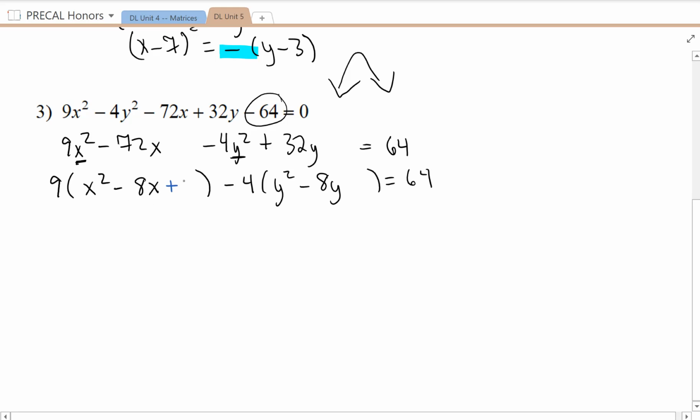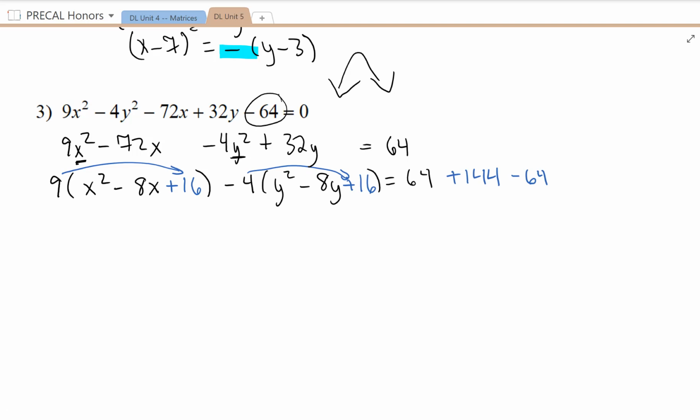I know this is just 8 divided by 2 squared, so that's 16 plus 16. But that's not what I'm adding, right? I'm adding 16 times 9, which is 144. So I'm actually adding 144 there. And here, I'm not adding 16, I'm adding -4 times 16. So I'm adding a -64. So I need to add a -64 on the left side.